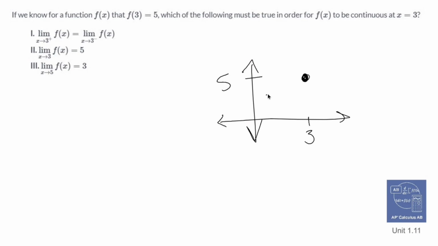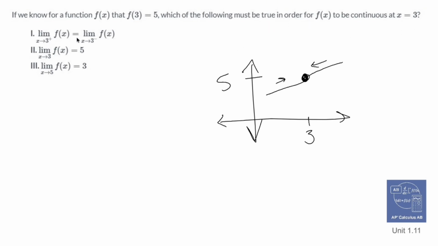We need to make sure that the left-handed limit is also 5 and the right-handed limit is also 5. If that's not the case, then it's not going to be continuous. It's not enough for the left-handed and right-handed limits to just be the same; they need to be 5. So, which of the following must be true?